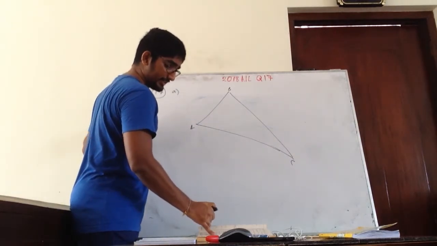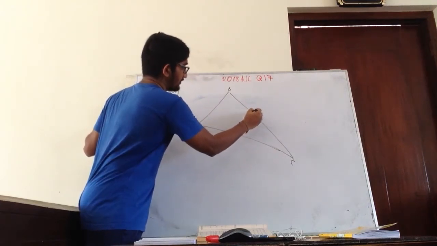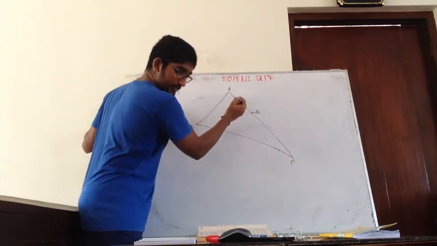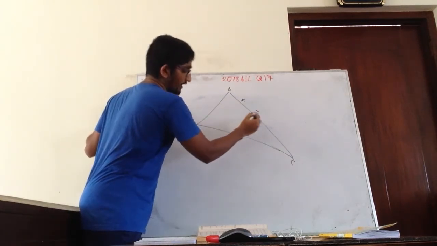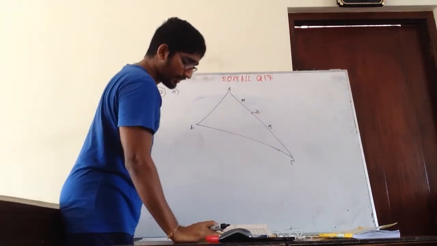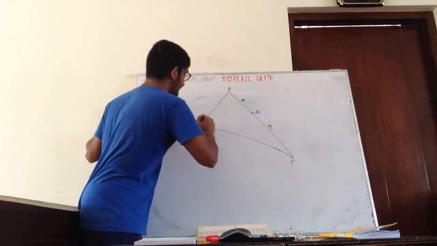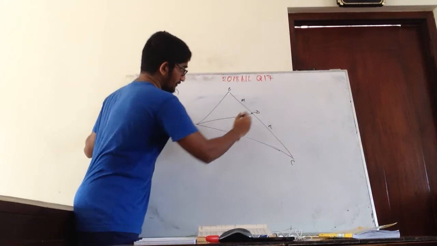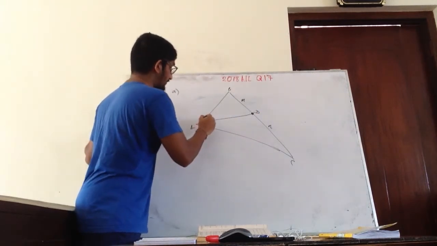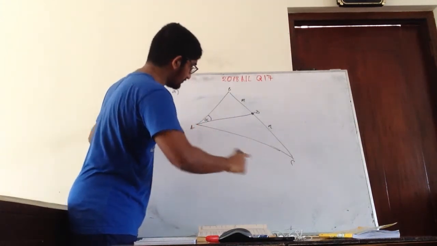Then there's D on BC, where BD is m and where DC is n. Right? It is given that BAD angle is alpha and then BAC angle is beta.